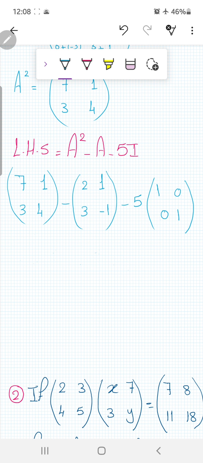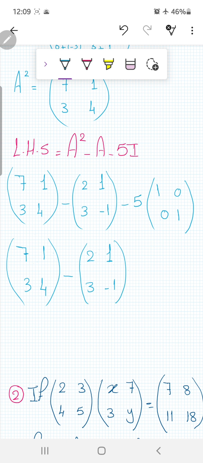Okay, so write the first matrix as it is: 7, 1, 3, 4, minus 2, 1, 3, negative 1, minus here 5 times 1, as we said 5, here 5 times 0, 0, 5 times 0, 0, 5 times 1, 5. As we said in the previous lesson, for subtraction we subtract the corresponding elements.